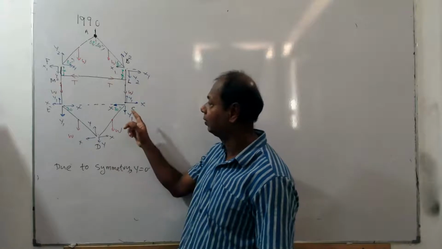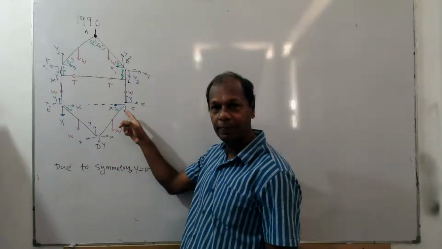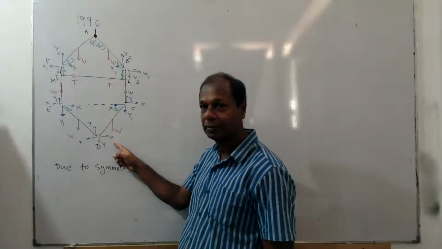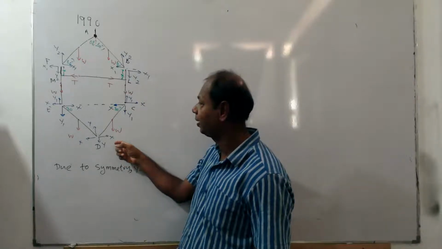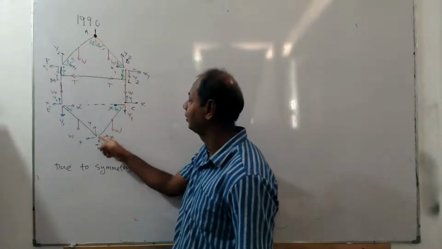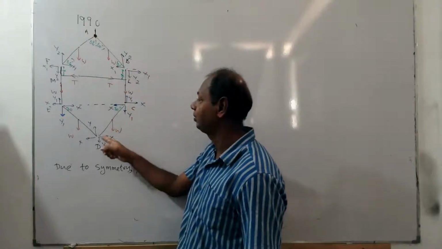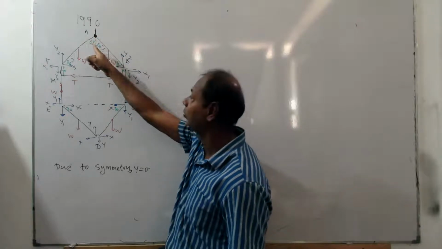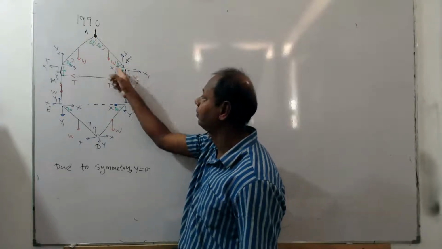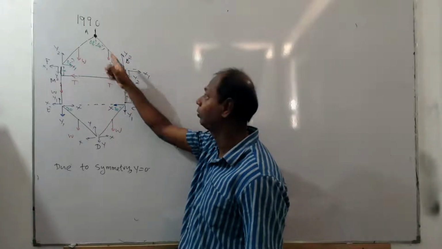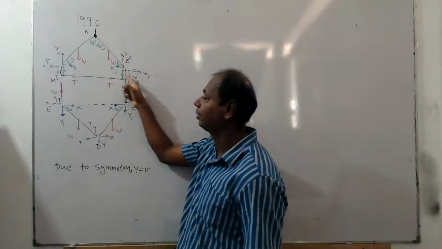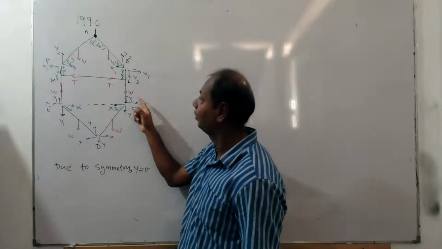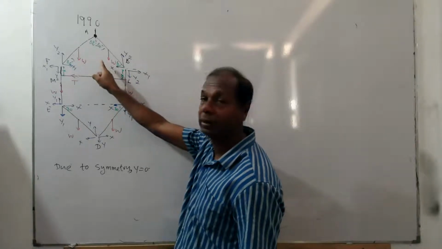You can consider this rod CD and take moments about C and directly find capital X, right? Having capital X in your hand, then you can consider this section, ABCD, and take moments about A. When you take moments about A, the reactions at A will not be involved.